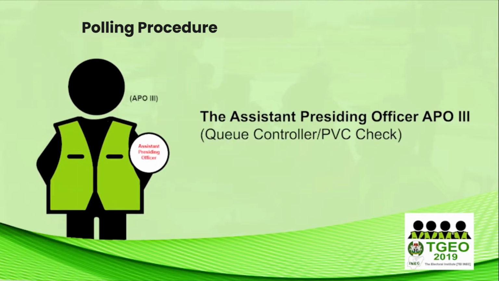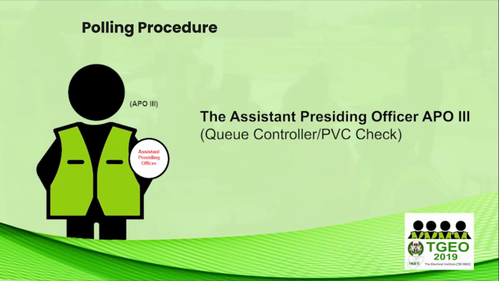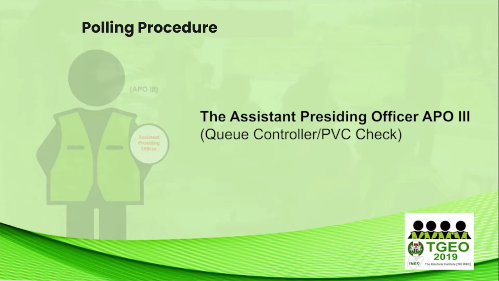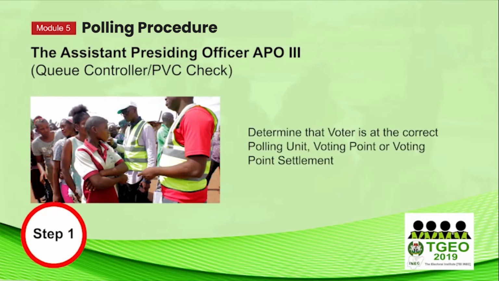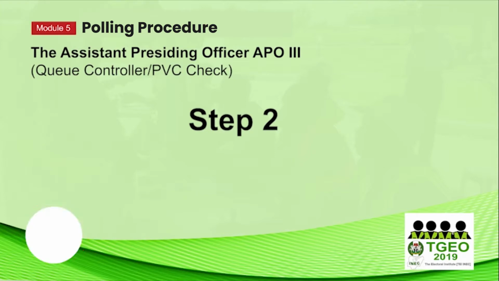An intending voter shall present him or herself to Assistant Presiding Officer APO3, queue controller and PVC check, who shall: Step 1. Determine that the voter is at the correct polling unit, voting point or voting point settlement. Step 2.